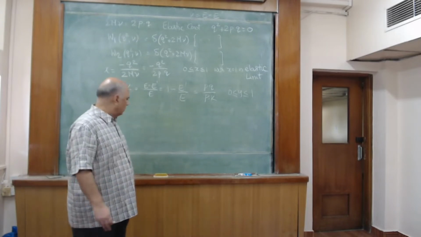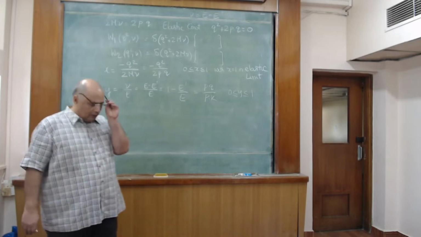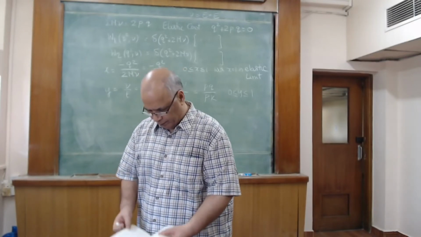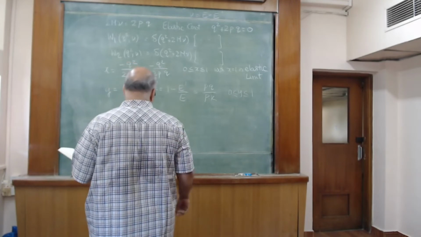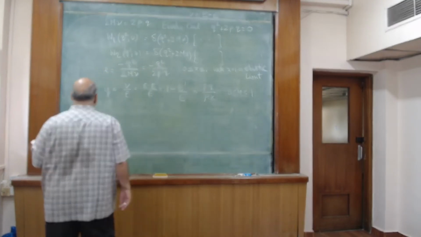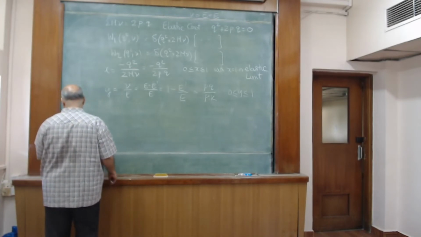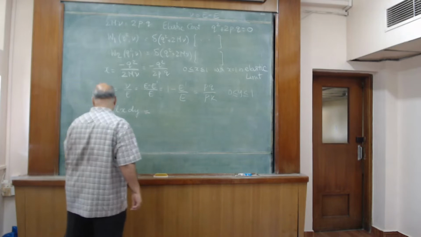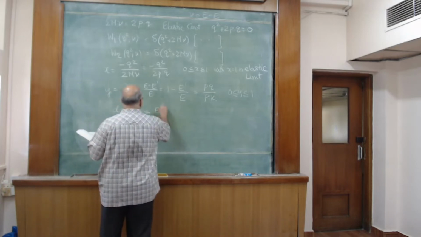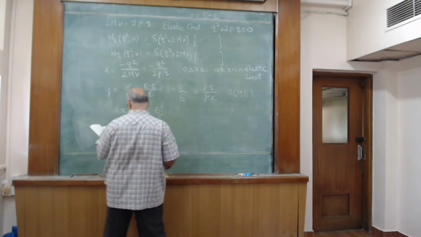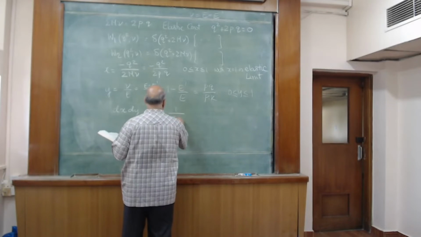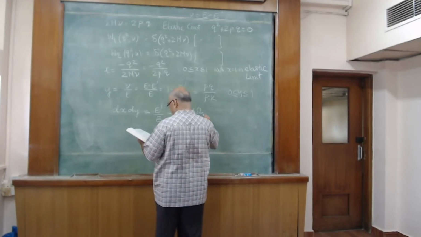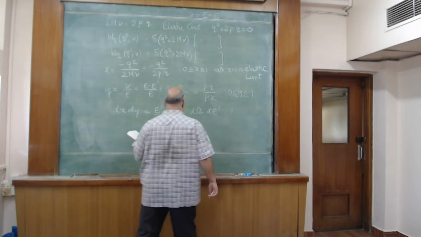Now, it's a fairly straightforward exercise in computing the Jacobian, and if you do so, you find that dx dy is equal to E prime by E times 1 over 2 pi M d omega dE prime.